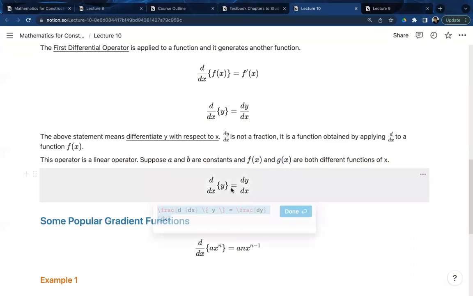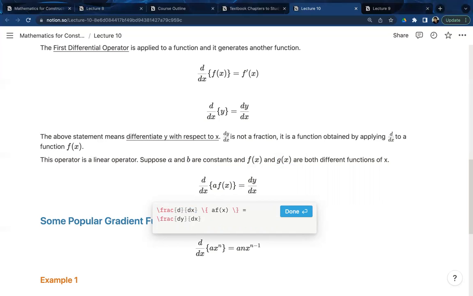So a and b are constants. a f of x, b g of x.